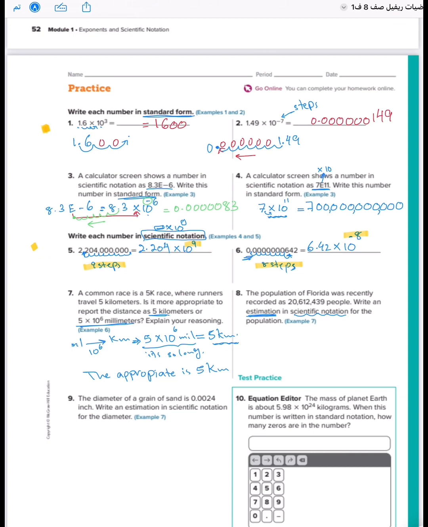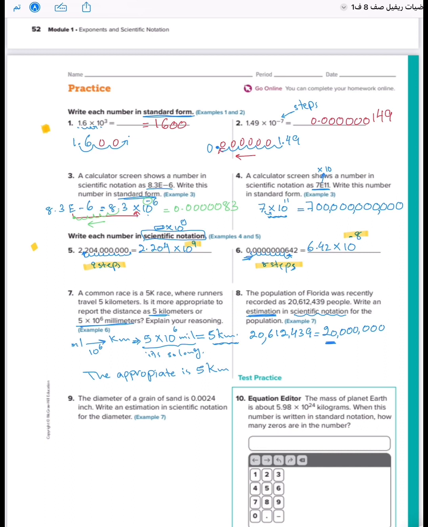So first write it as an estimate: 20,612,439 is about 20 million. The comma, no matter if you write it or not, is the same. Okay. We want it as scientific. So scientific must start with only one digit, right?